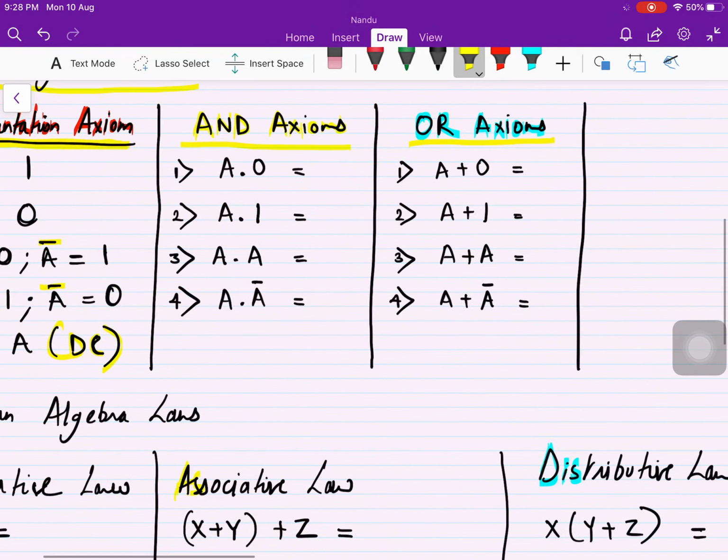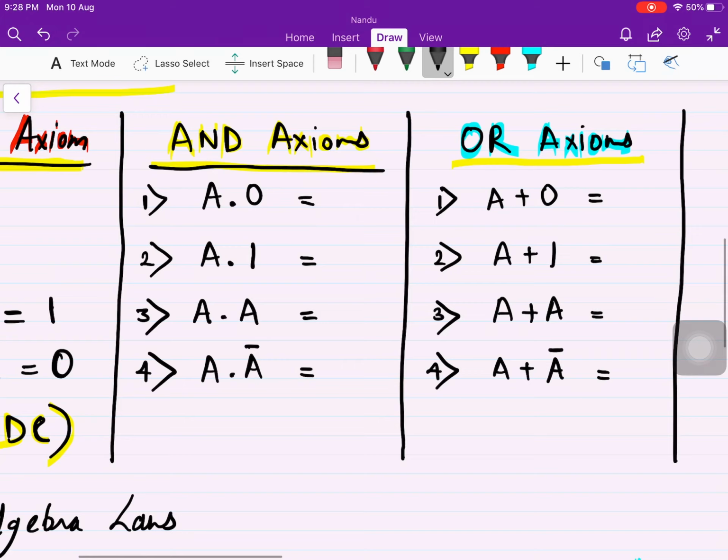Now let's go to AND axioms. If we do AND with 0, we get 0. It's like multiply: anything multiplied by 0 is 0. If a is multiplied by 1, we get a. We won't get 1 because a is our important variable here.